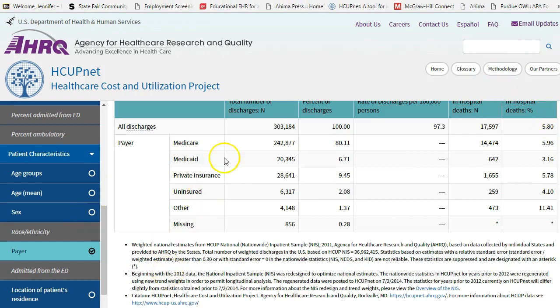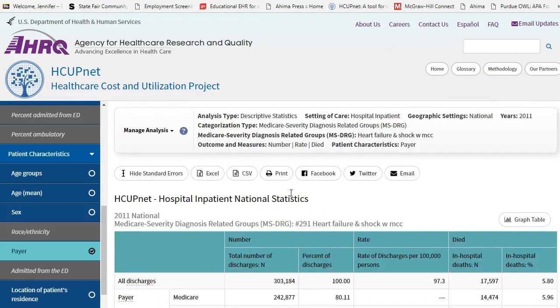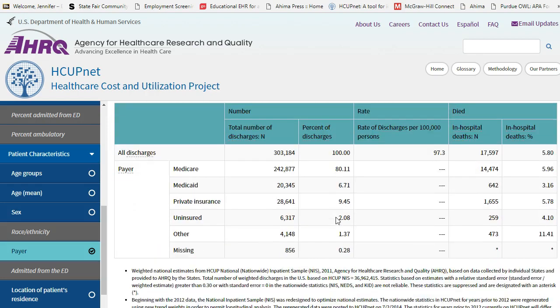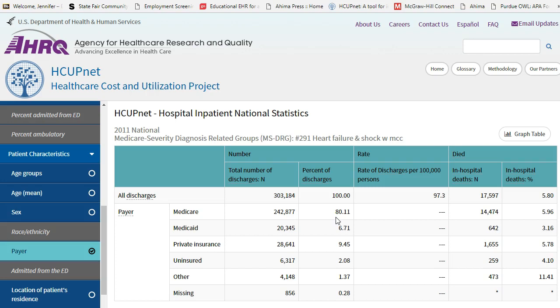Okay, so now remember, what we're looking at is the U.S. rate for Medicare patients for 2011. We're in 2011 National Medicare Severity Diagnosis Related Groupings for DRG code 291. And that stands for heart failure and shock with MCC, major complication and comorbidity.